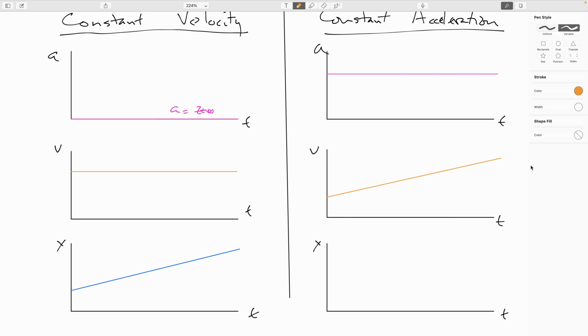The velocity is the slope of the position time graph. So if I look here, I can see that over here, the slope of the curve has to be smaller, and over here, where this value is bigger, the slope has to be bigger. And so what I'm going to end up with is something that looks like this. And this shape is known to mathematicians. It's a parabola.